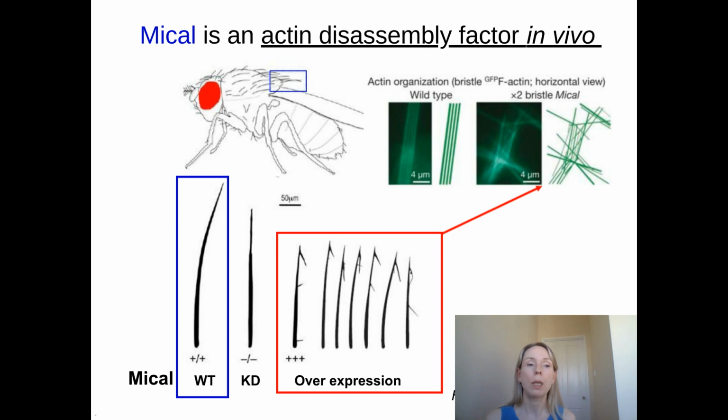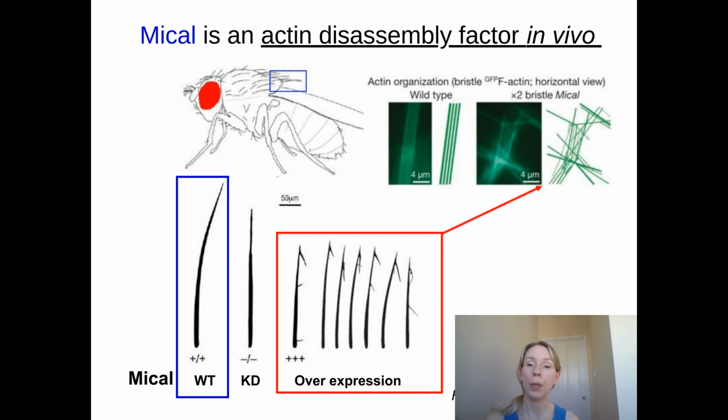Most specifically, this is Drosophila bristles. You can see this Drosophila fly in this figure, and in the blue rectangle, you can see the Drosophila bristles. So this system is perfect for studying actin remodeling because those bristles are very actin-rich.